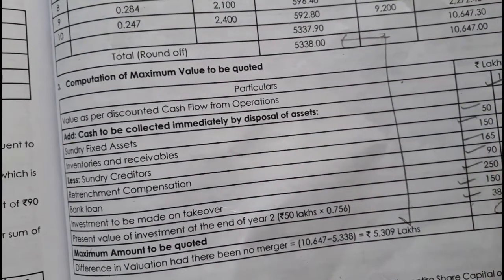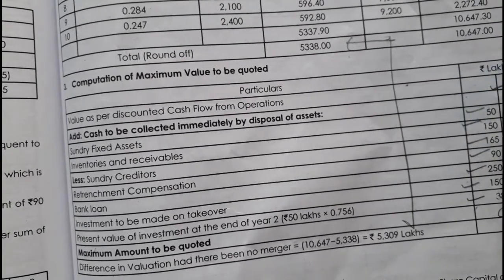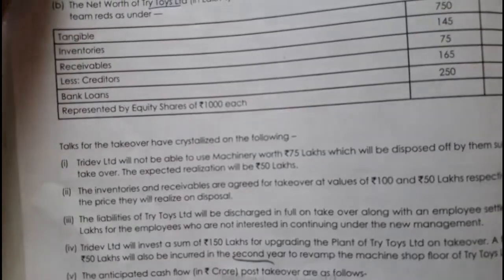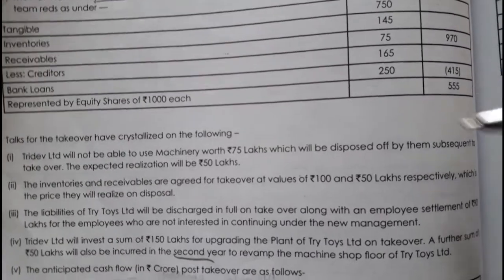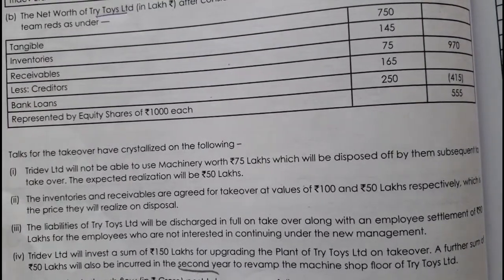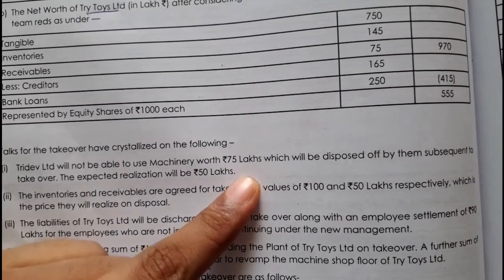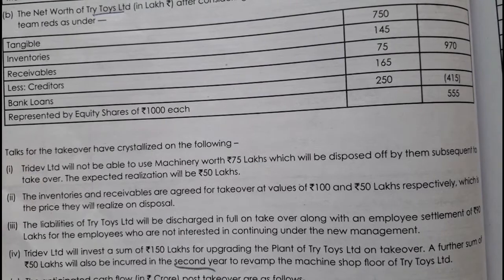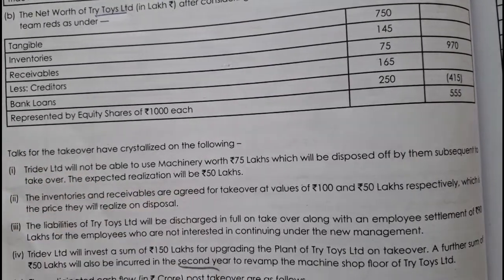Okay, so now here we got the value as per the cash flows, but this is only the cash flow from operations, and there are some net worth values which have been given in the question, which Tri Toys Limited is having. So we have to make some adjustments in that value of the business. Okay, the company is having a 75 lakhs worth machine, but if Tridev company is not going to buy that, it is not able to use it, so it would have to be sold for 50 lakhs.